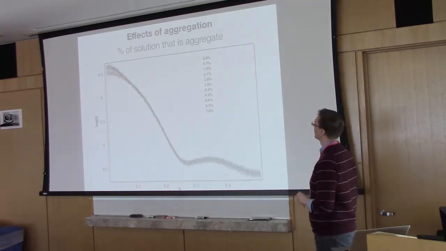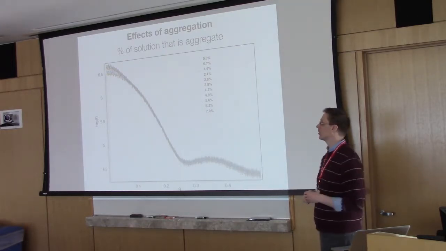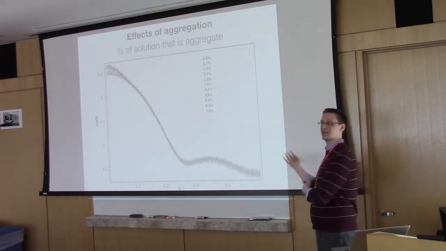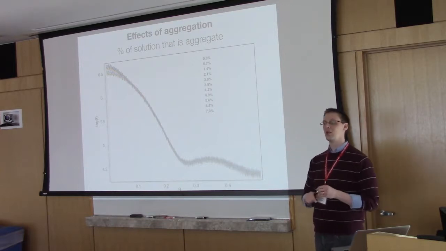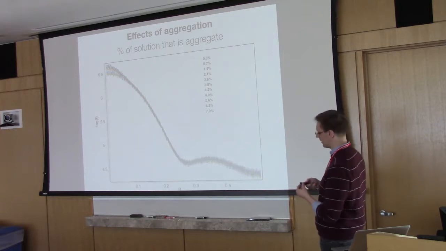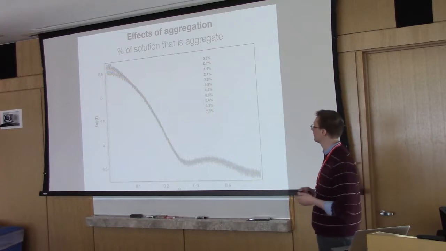Because those aggregates are large, they scatter much more strongly than the rest of the sample. So even a small fraction, 5%, 2%, 1%, can have a significant impact. That's the idea here, to give you an idea of how important the purity of the sample is.